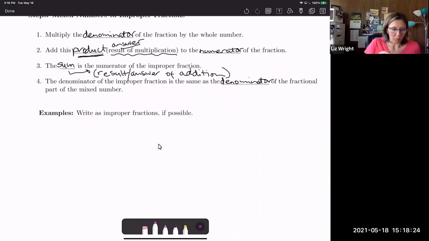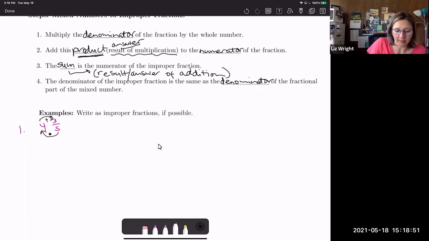So here's example 1. We've got 4 3/5. So again, looking at our steps here, it says multiply the denominator of the fraction by the whole number. So we're going to do 5 times 4. I'm going to do the multiplication dot. We're going to add that product to the numerator. So I'm going to keep going this way, and I'm adding now.